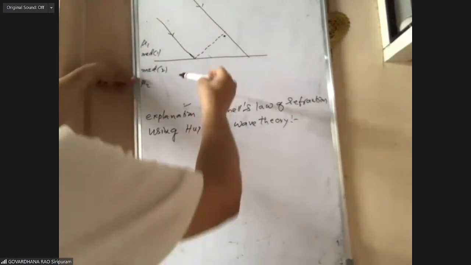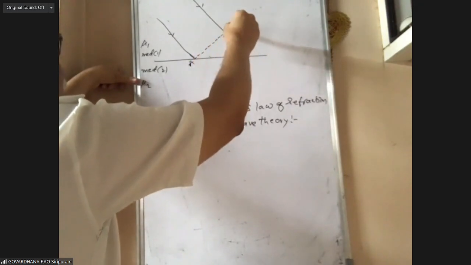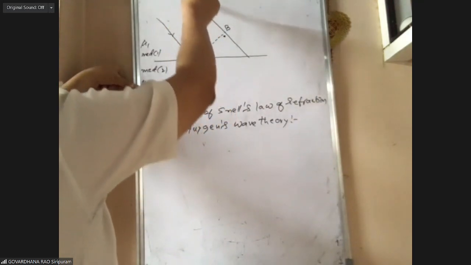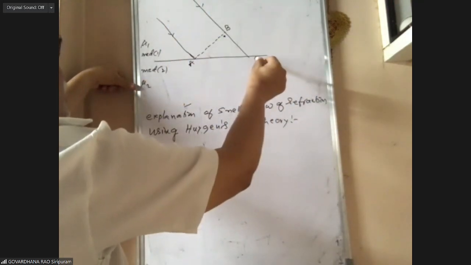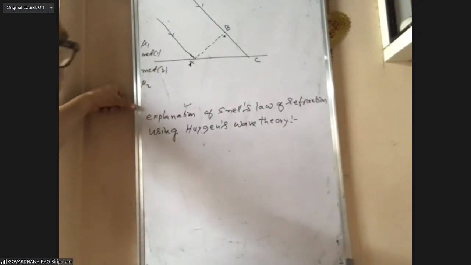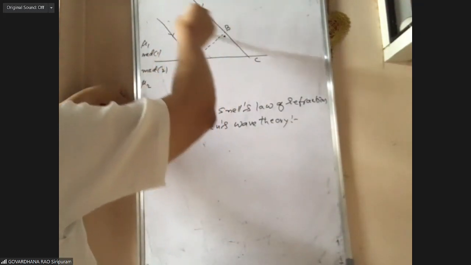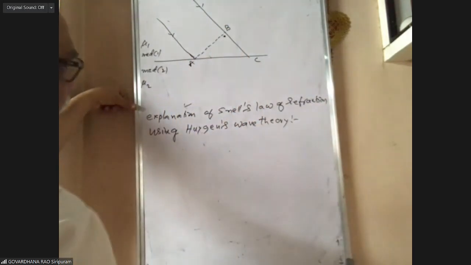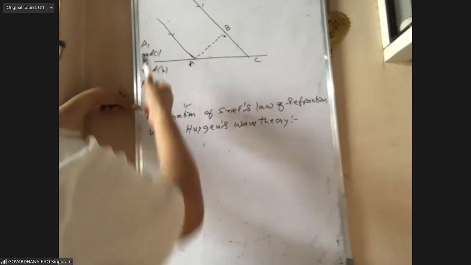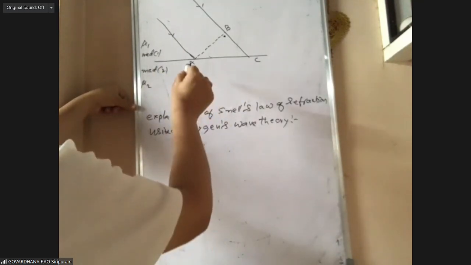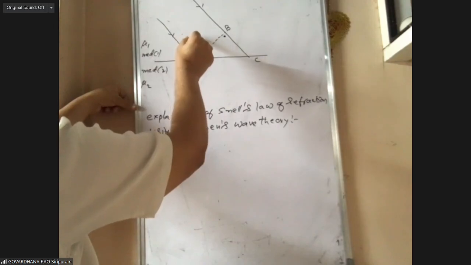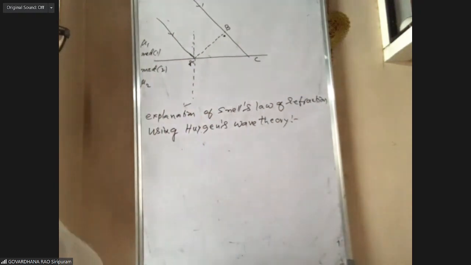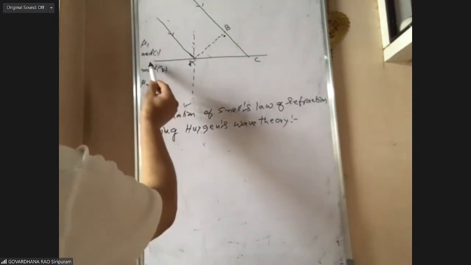See, this is a planar wavefront AB. So this is the wavefront. This is the parallel beam. This is a point C, right? Now a parallel beam of light or a planar wavefront is incident on medium 2, coming from medium 1. So now you draw a line which is perpendicular to the medium.